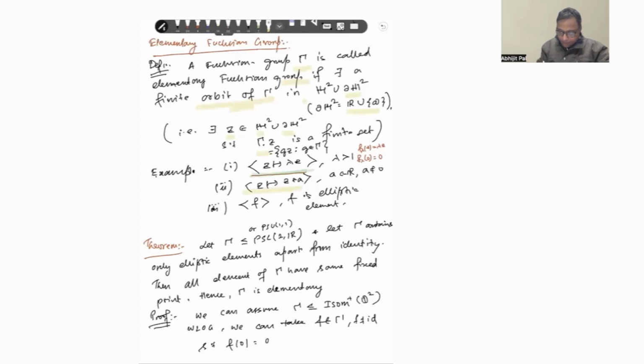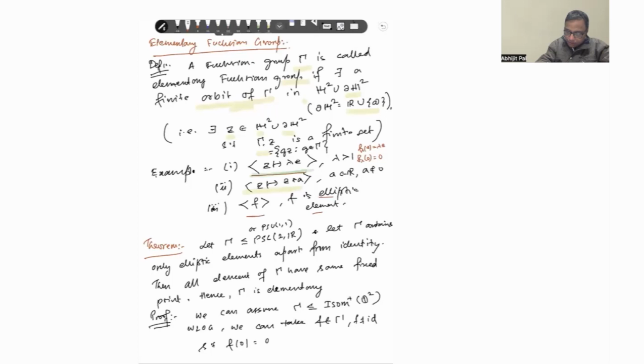And if I take F to be an elliptic element, F will fix a point in the upper half plane. Because I have taken the cyclic group, all the elements of this group will fix that point. So the orbit of that point will naturally be a singleton set, and this group is again an elementary Fuchsian group.